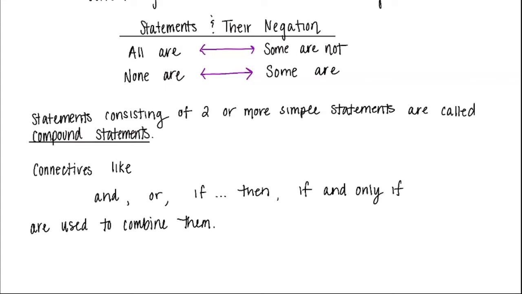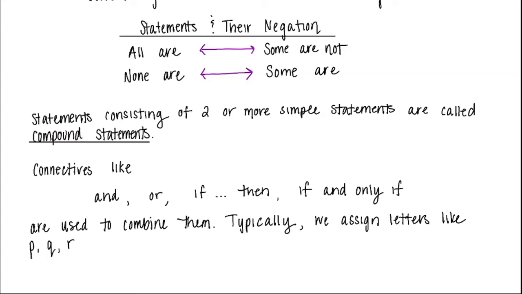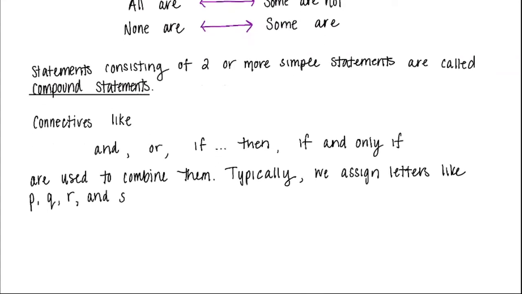So typically, we're going to work a lot in shorthand too. Each statement is going to be assigned a letter. Typically we assign letters like P, Q, R, and S to represent the simple statements.